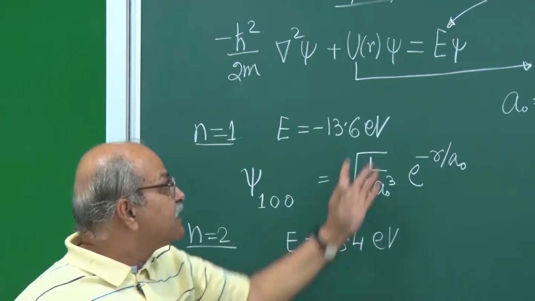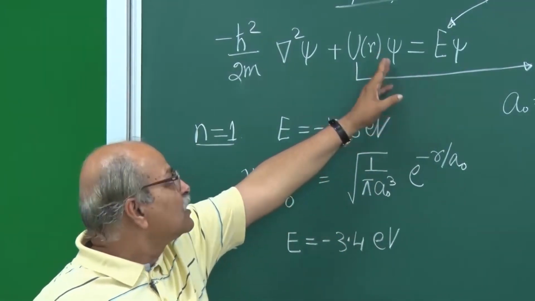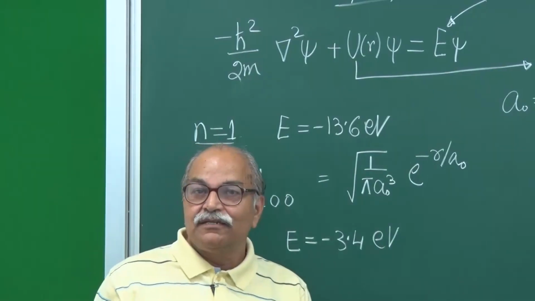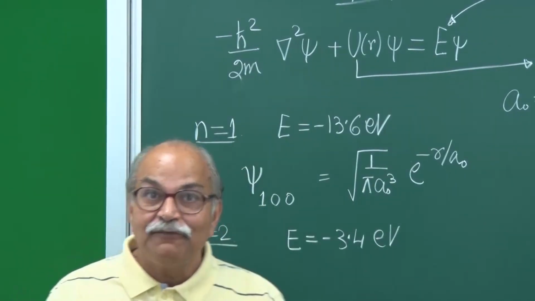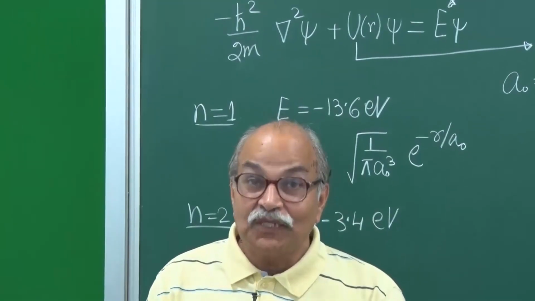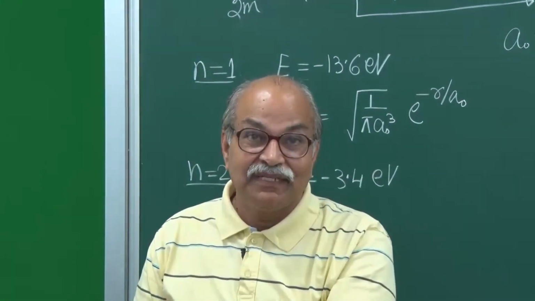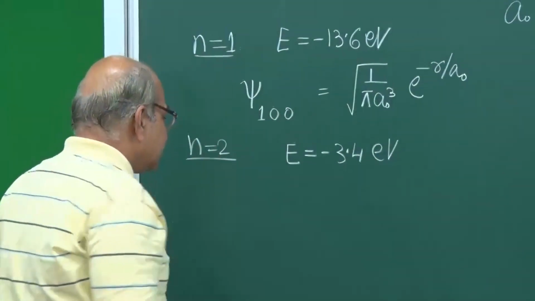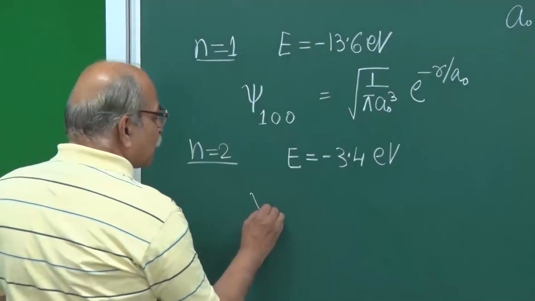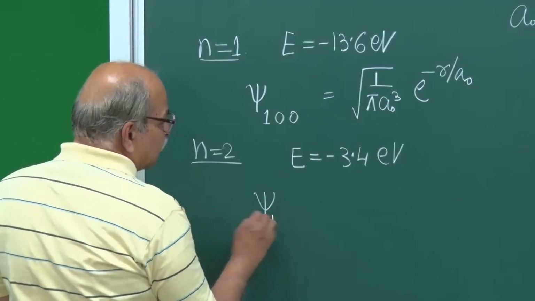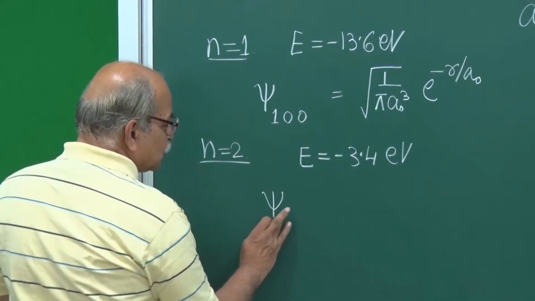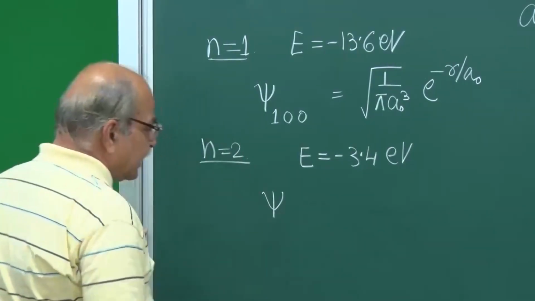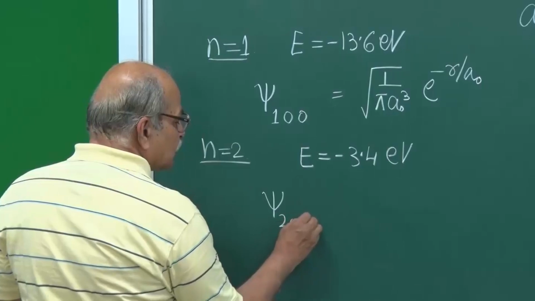And if this is the energy, then what is this psi? It turns out that more than one functional form is possible. In fact, 4 of them are possible. And what are those 4? There are some expressions which I will not write here, but we write them as 2, 0, 0.